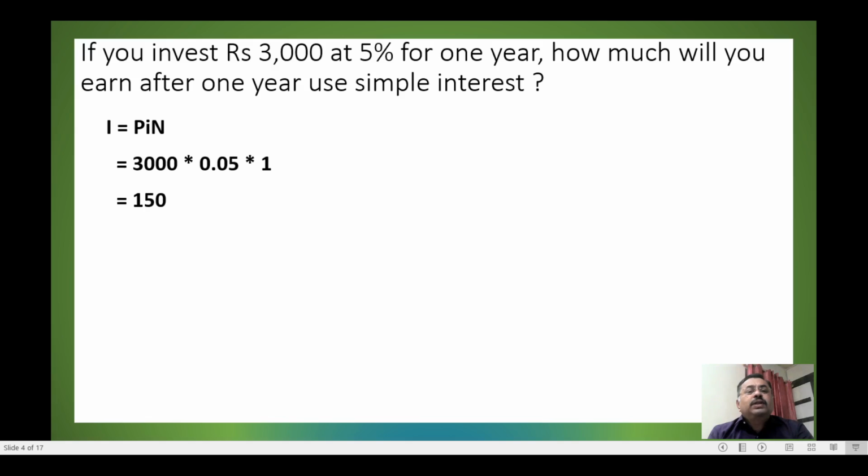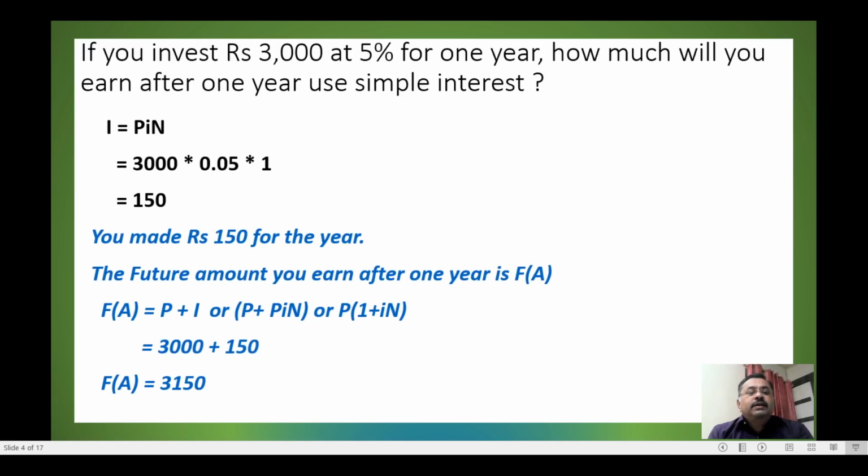What is the total amount you have after 1 year? You have earned 150 rupees per year. Further, the future amount F of A is equal to P plus I, that is the principal amount plus the interest.